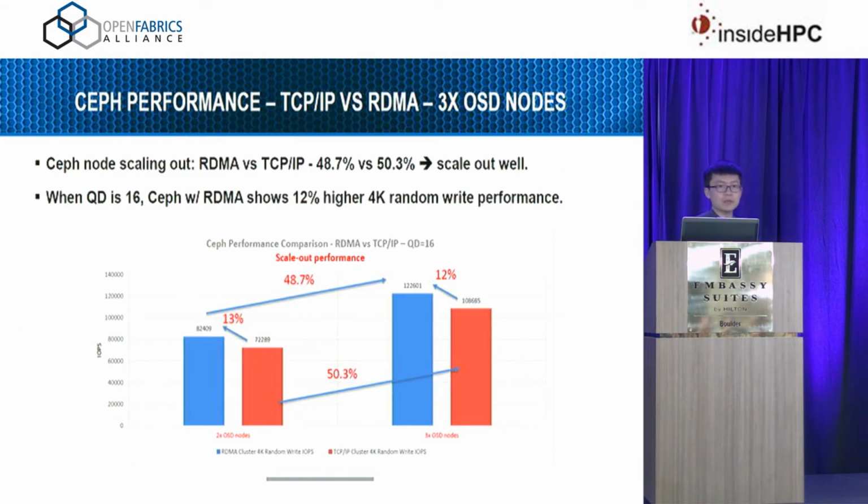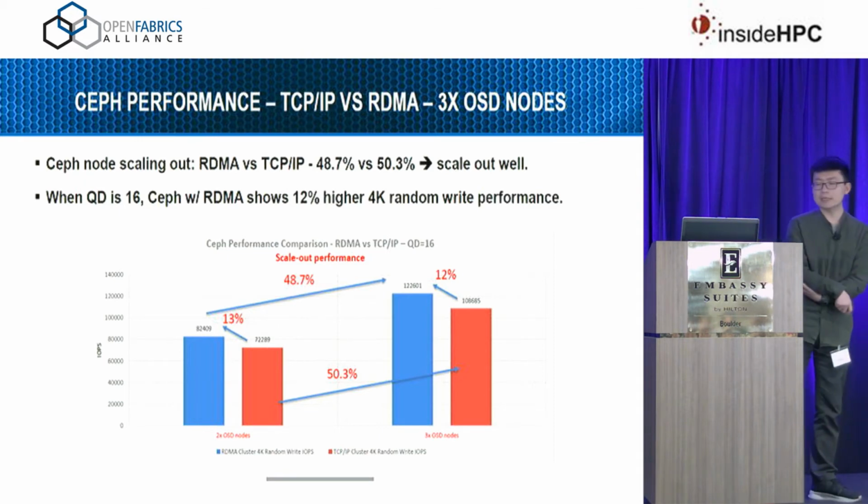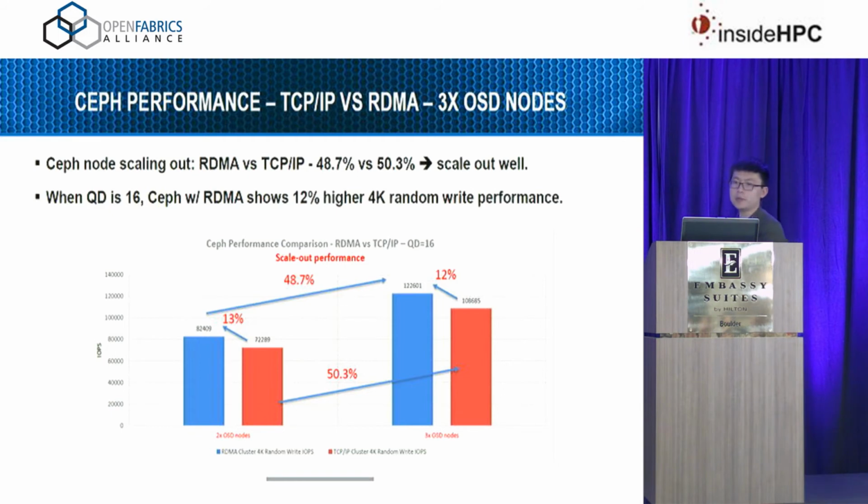So we continue to scale out the OSD nodes from 2 OSD nodes to 3 OSD nodes. Comparing with one OSD node, with one more OSD node the performance of Ceph with RDMA increased by 48%, and Ceph with TCP/IP increased by 50%.